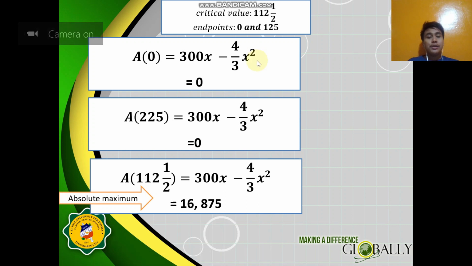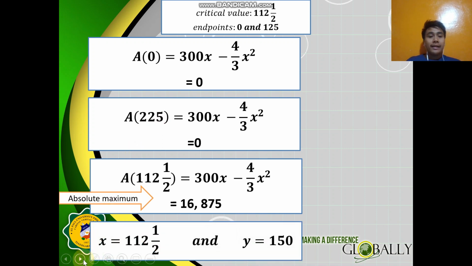So yes, it is true that the maximum value of A is 16,875, but when it occurs, when x is equal to 112 and a half, the one that we simplified from its derivative a while ago, and y is 150.